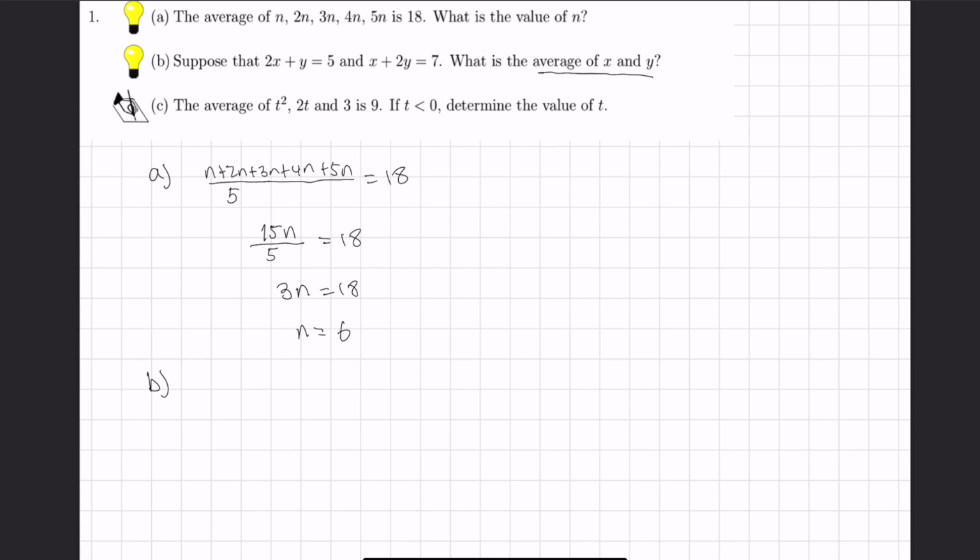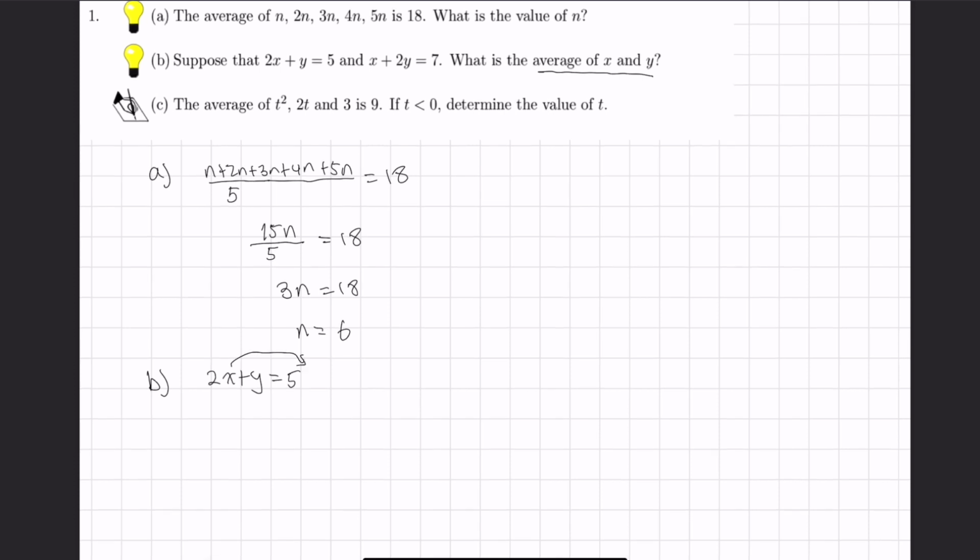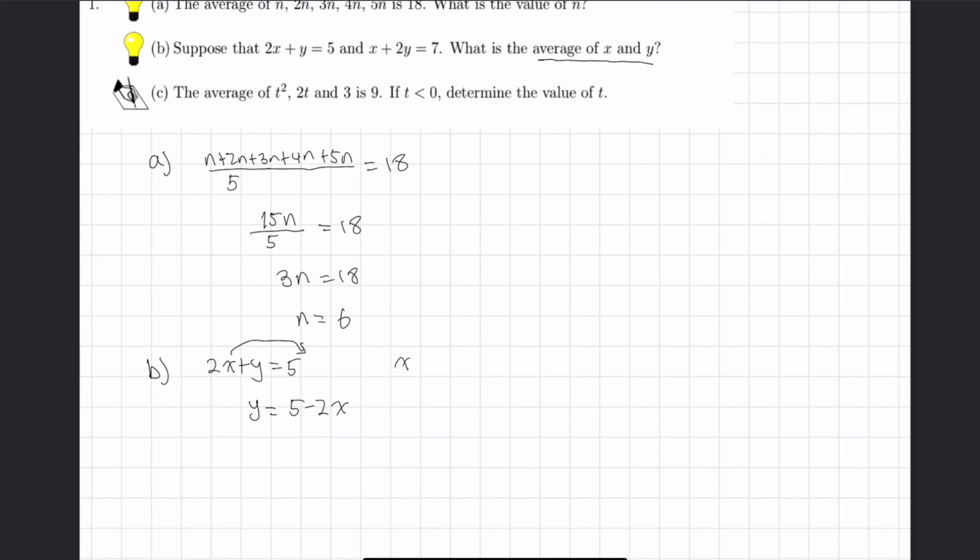So to solve this, for the first expression, 2x plus y equals 5, we could move the 2x to the other side and make it y equals 5 minus 2x. And from the second equation, x plus 2y equals 7, we can plug this y value into the second equation.